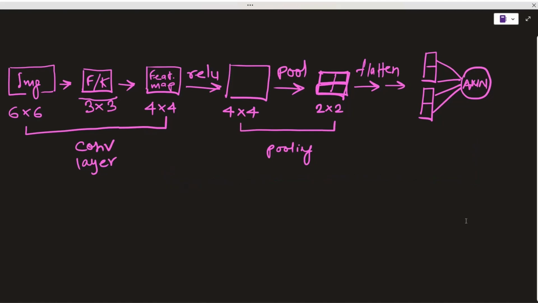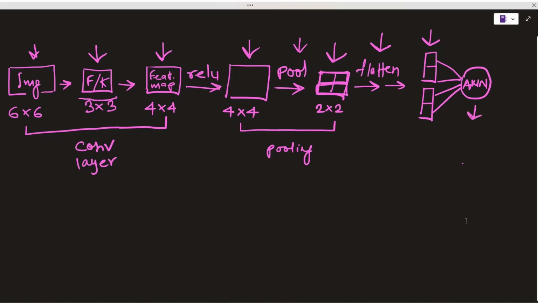Obviously we understand how the forward propagation is happening. We take the image and the filter or kernel matrix to do the convolutional operation that gives us this feature map. Then we apply the ReLU function to discard all the negative values and replace them with zeros. Then we apply the pooling operation to reduce the size of the feature map, and then we apply flattening to have the values as an input layer for the ANN architecture.